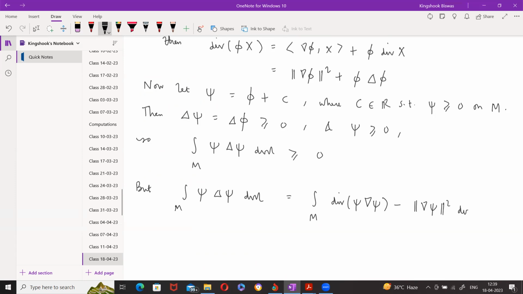I'm applying this formula with phi replaced by psi, that's all. Now the first term is a divergence that vanishes by the divergence theorem.